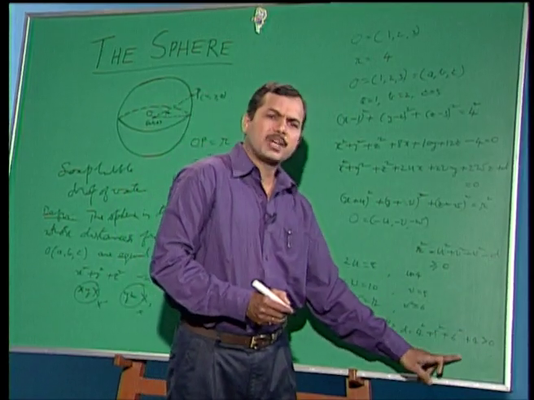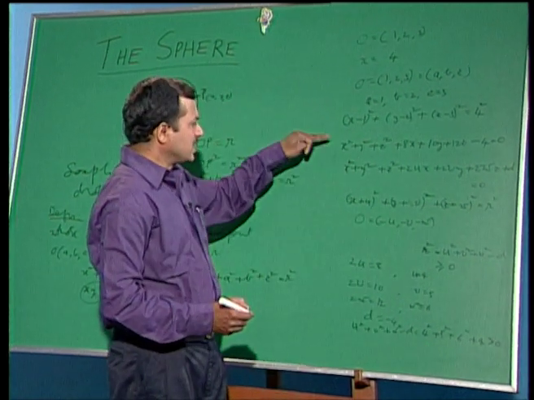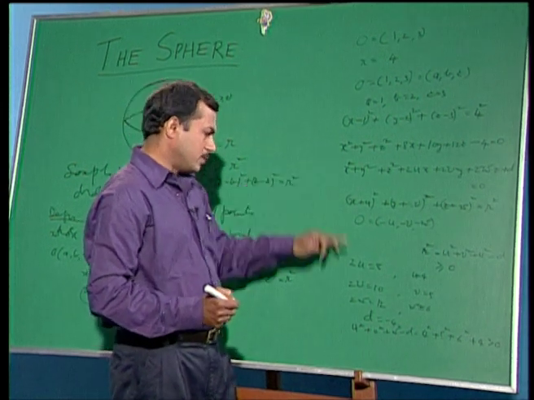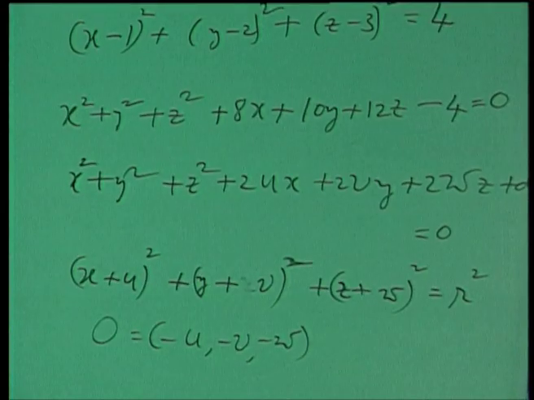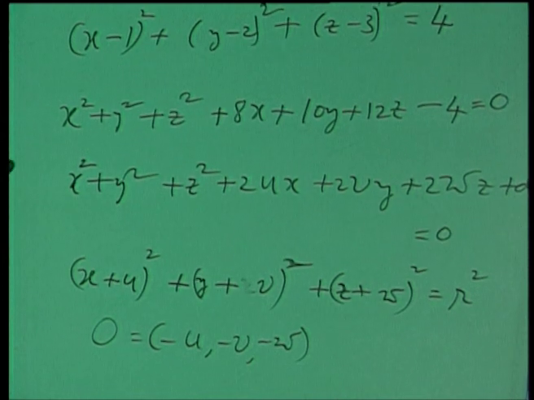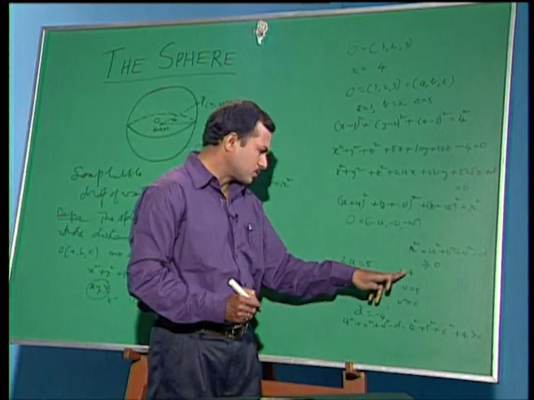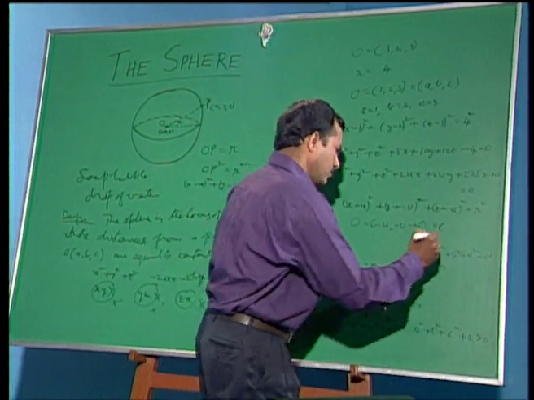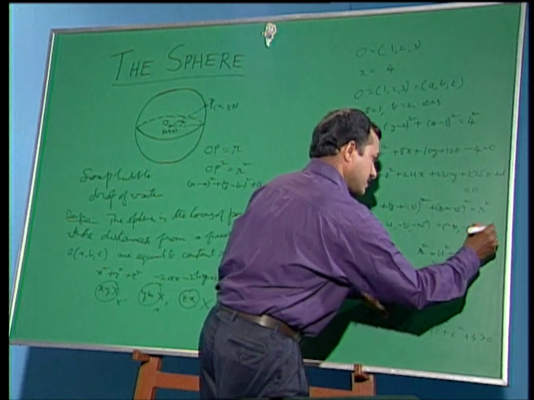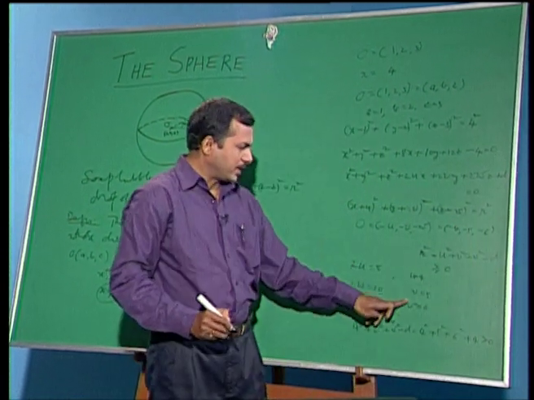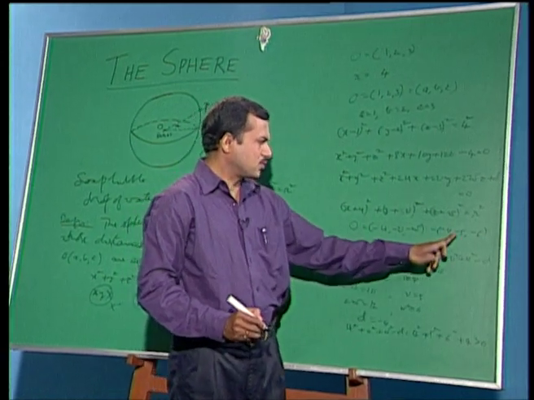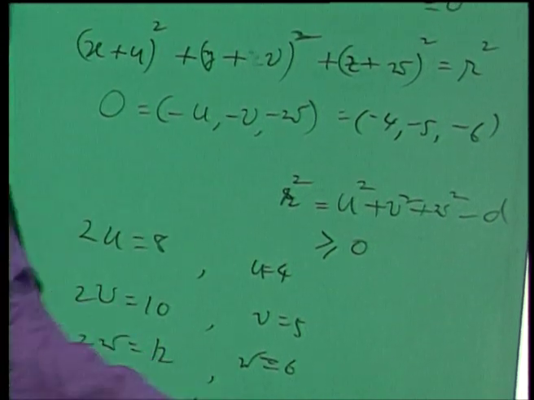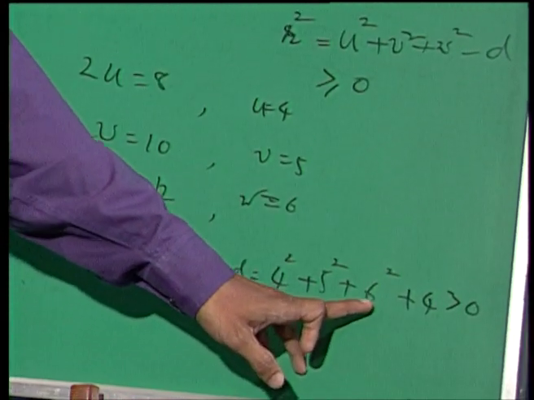The square root of this becomes the radius, and that is why this equation does represent a sphere. The radius of this sphere becomes the square root of this constant, and the center becomes, for u, v, w, we have to take the negatives, that is, the center becomes minus 4, minus 5 and minus 6. So, minus 4, minus 5, minus 6 becomes the center of this sphere, and the radius becomes the square root of this expression, that is 16 plus 25 plus 36 plus 4.